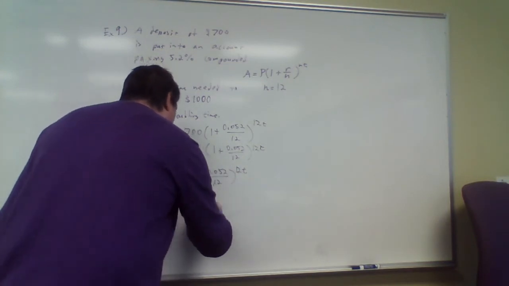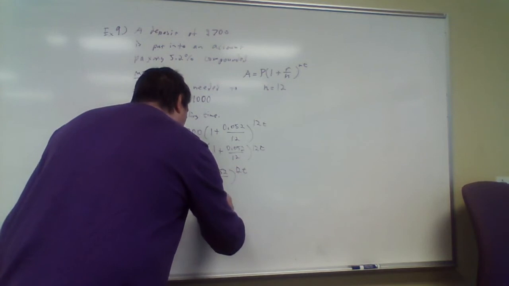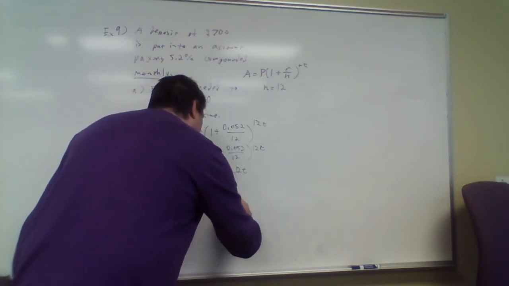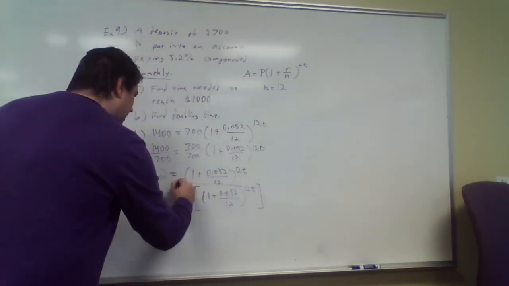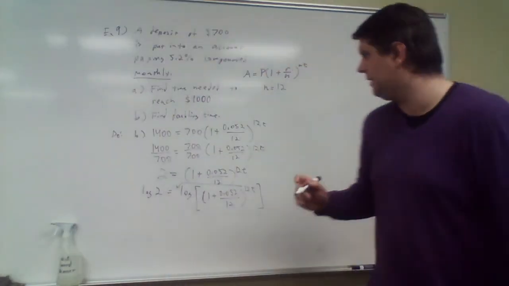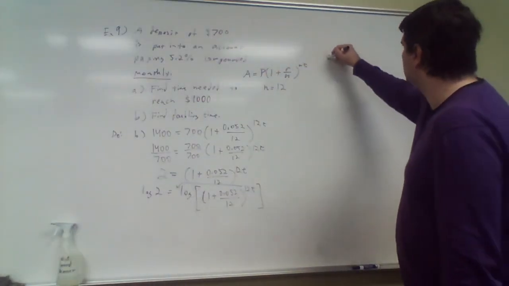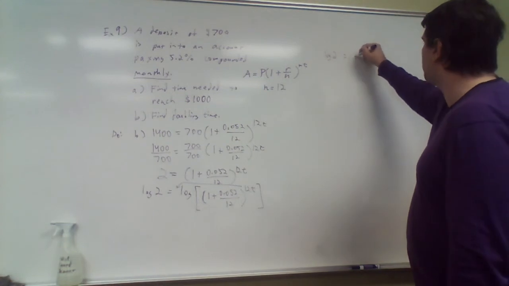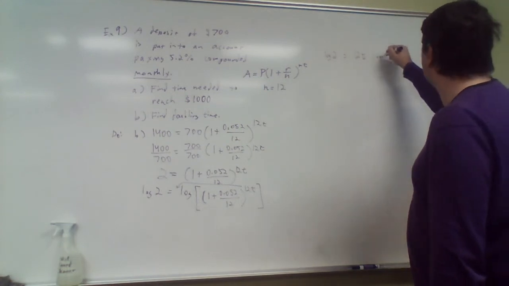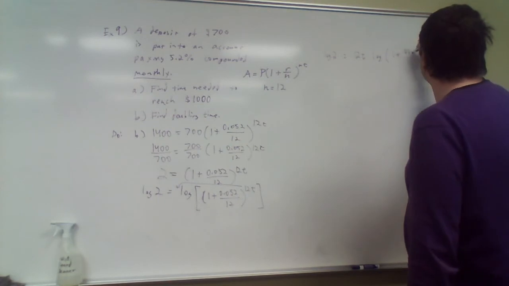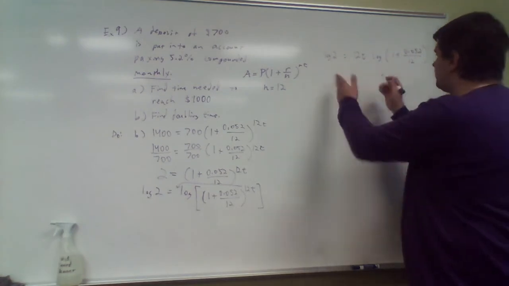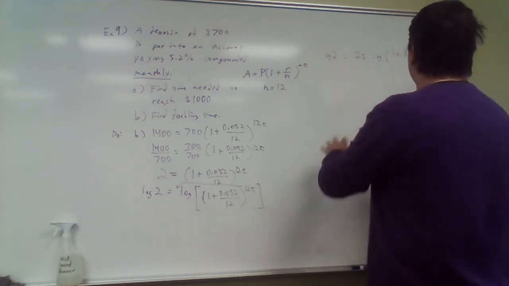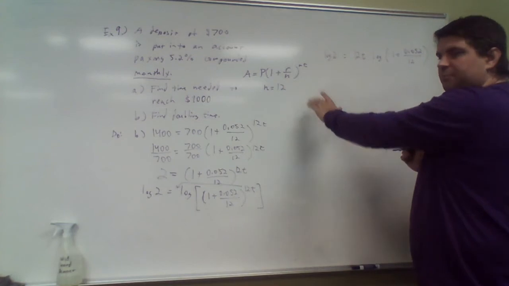So log of the whole thing, 1 plus 0.052 over 12 to the 12t power, and that 12t will go to the front like it did before, and so I will have log 2 equals 12t times log of 1 plus 0.052 over 12, and I'm going to go ahead and switch the sides so that you're more familiar with that based on previous experience with algebra.